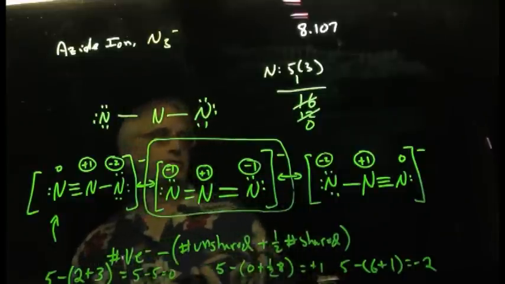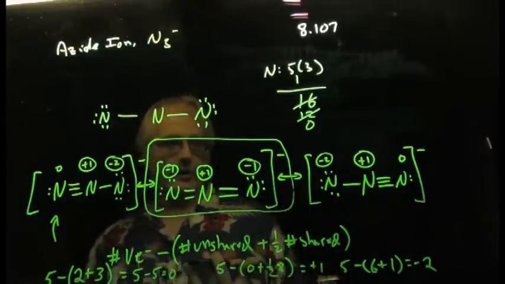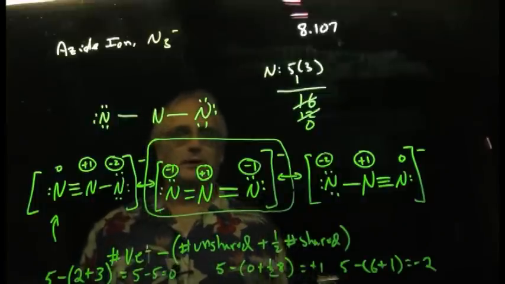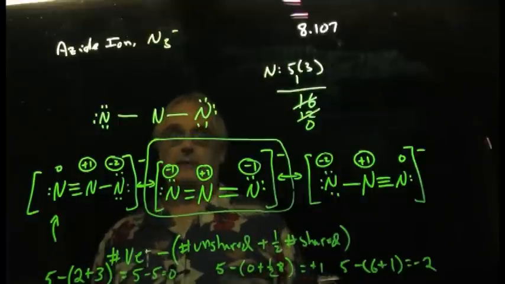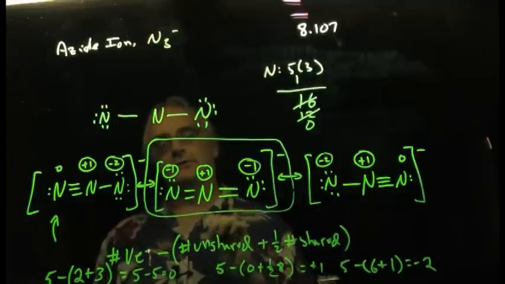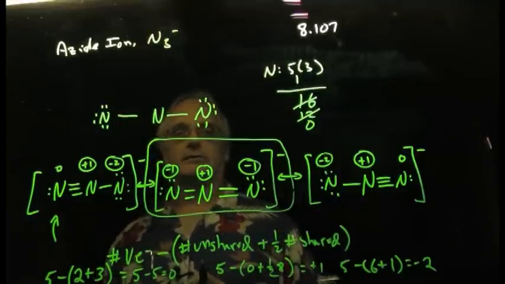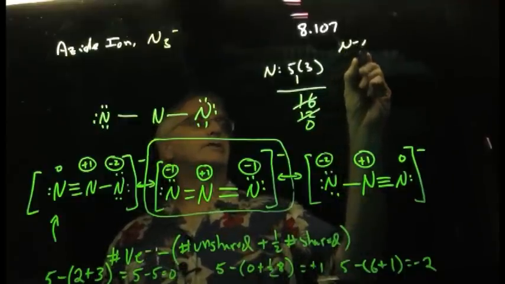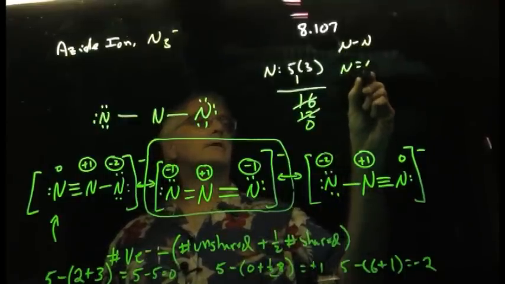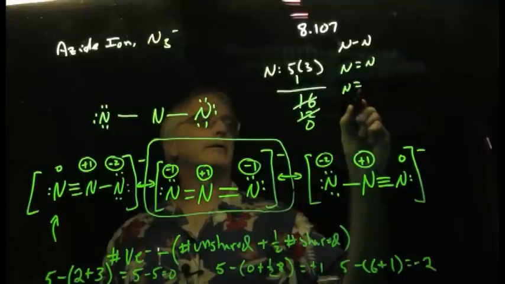And the last question that they ask us here is, okay, give me a guess as to what the bond lengths are of the azide ion. Well, I could just make up a number, but what they're asking you to do here is essentially compare the average length of the nitrogen-nitrogen single, double, and triple bonds.